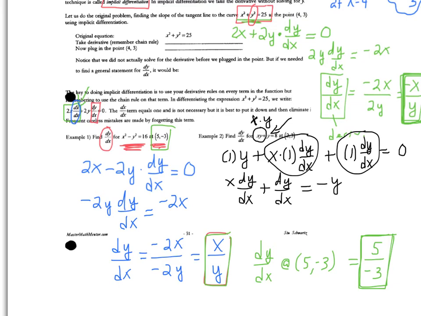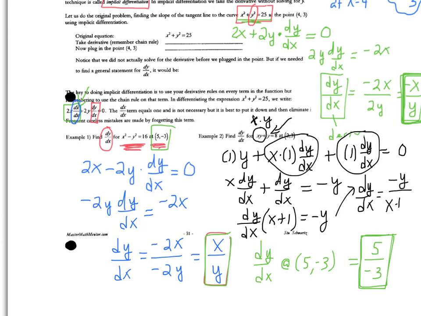If I'm going to get just one dy/dx to show up, I could factor it out as a GCF. If I do that, I'm left with x plus 1 on that side equals negative y. And then from there, dy/dx would equal negative y over x plus 1.